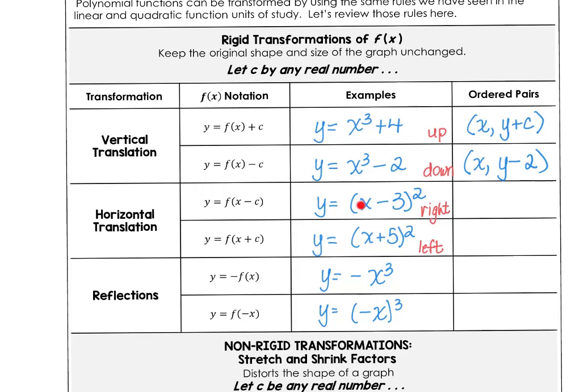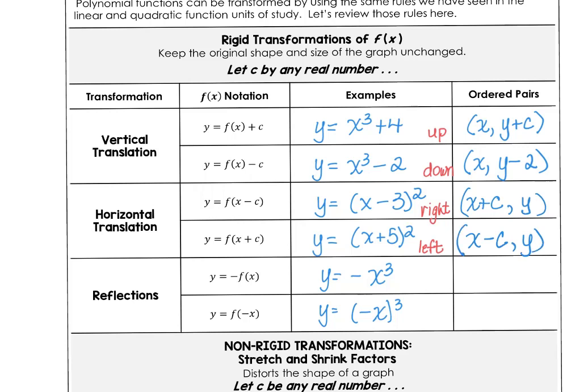This is the value, positive 3, that moves the graph to the right. And this value for x, that would be negative 5. Negative 5 moves the graph to the left. How does that affect our ordered pair? Well, we would add 3 to the x-coordinate and leave the y-coordinate. Or we would subtract 5 from the x-coordinate and leave the y-coordinate.